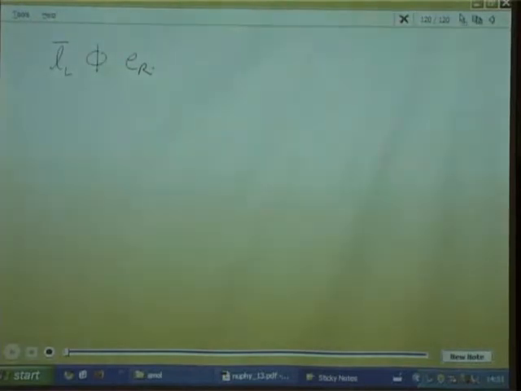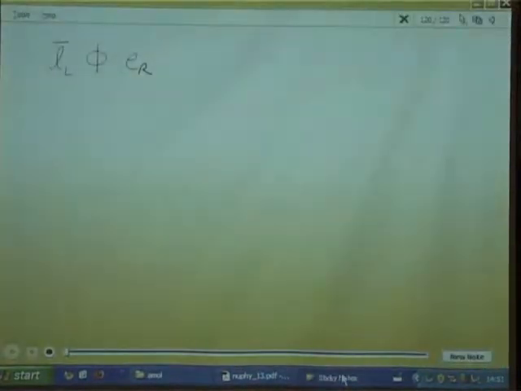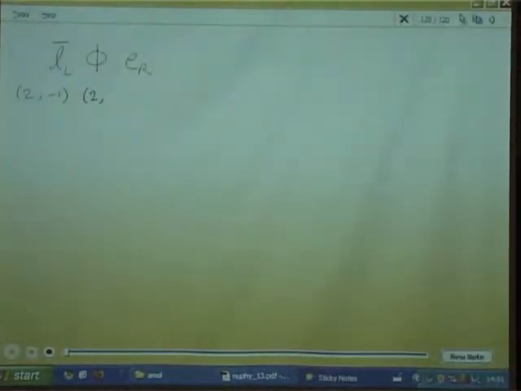So what does this mean? L_L is 2 with Y minus 1.